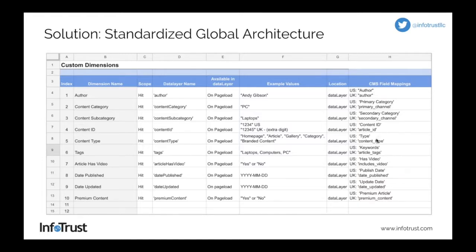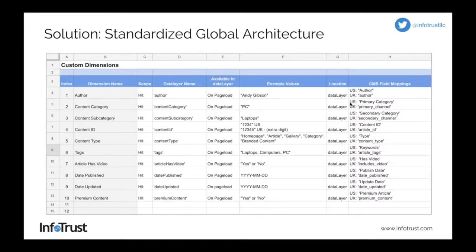In this, you can also see on the right-hand side, if we're looking at just that US UK example, we're also saying what CMS field mappings these different variables map to. So in the case of each of these regions or each of these countries, they both have their own content management system. And so in that content management system, the author is going to come from a field named in the CMS as Author with a capital A. In the UK, it's a lowercase a.